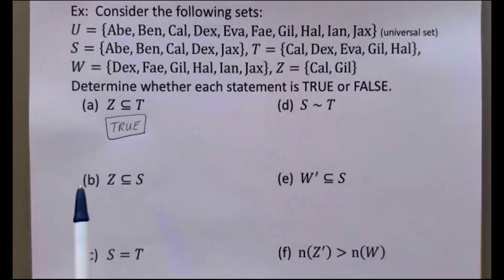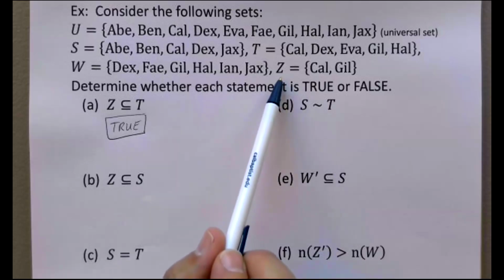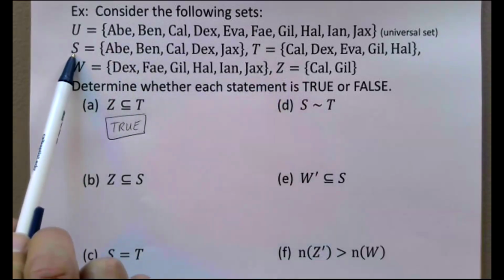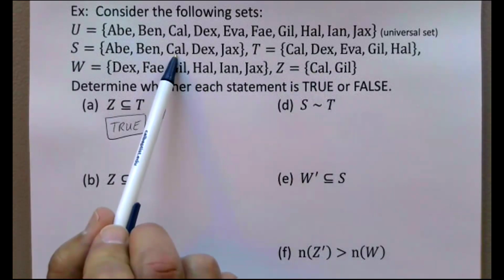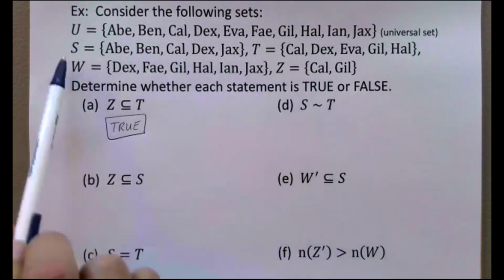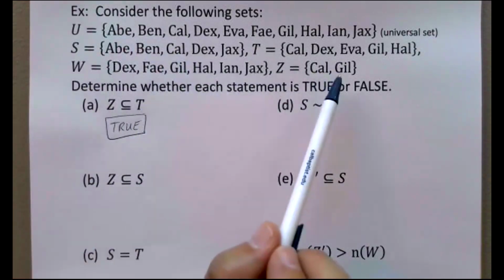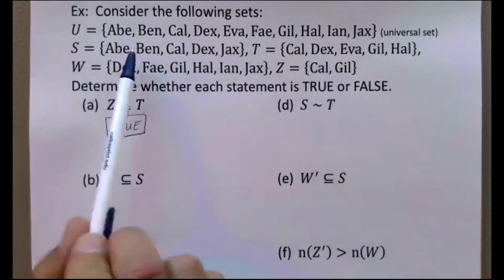But look at part B. Z is a subset of S, true or false? Does everything in Z also show up in S? So now we're comparing Z with S. Well, Cal does. I see Cal in set S right there. Do you see Gil in set S?